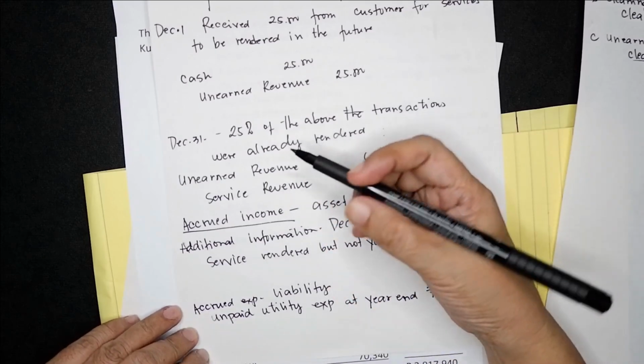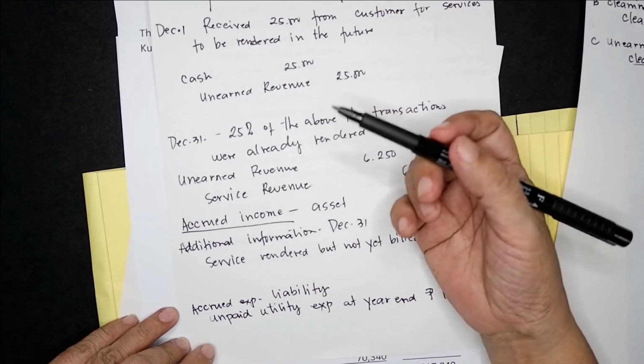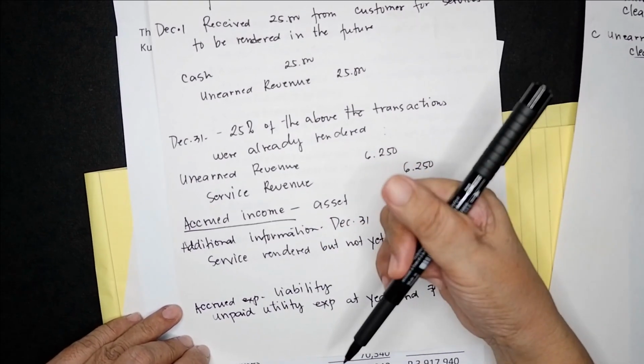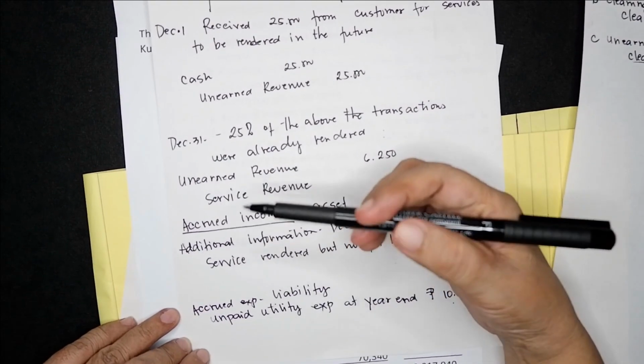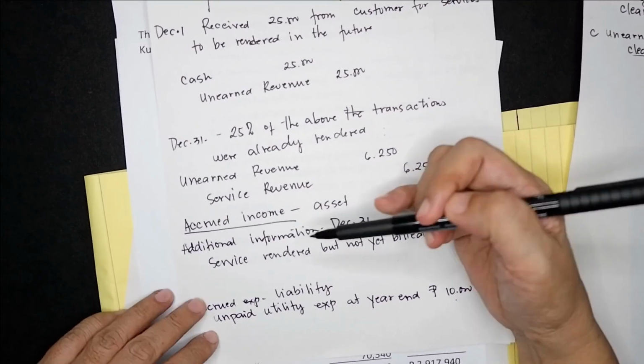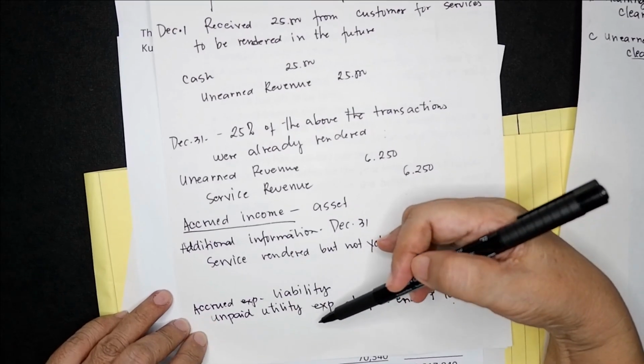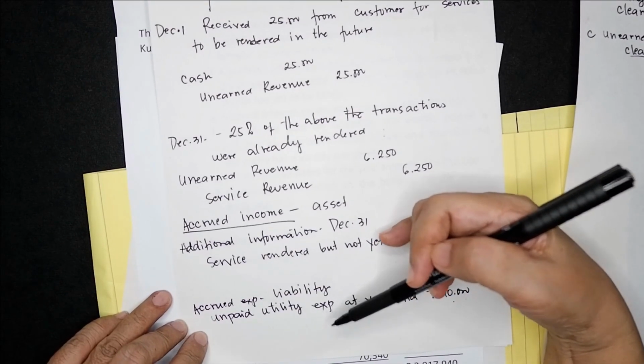For accruals, that means accrued income and accrued expense, we prepare adjusting entry to record, in case of accrued income, the asset and at the same time the income. And for accrued expense, to record the liability and the expense.